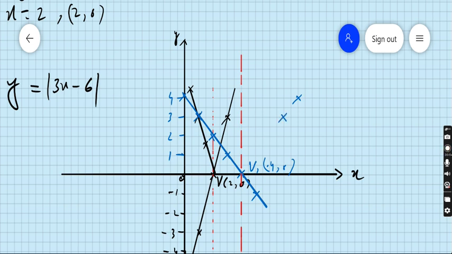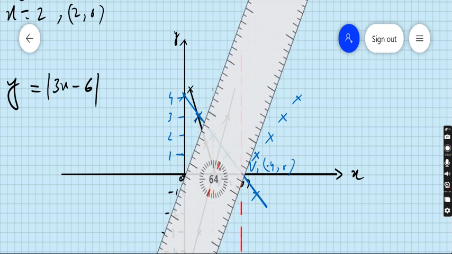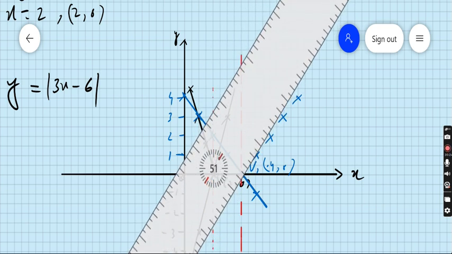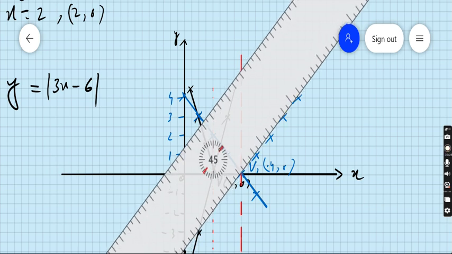This is 1, 2, this is 1, 2, this is 1, and this is 1. Draw the line which joins all these points. So student, these are our graphs.